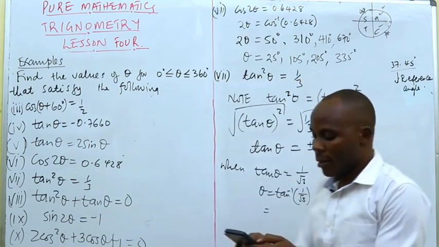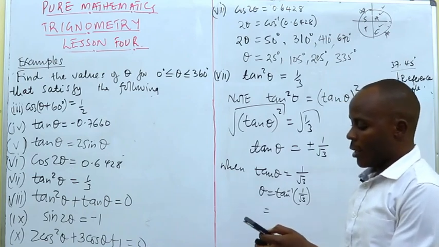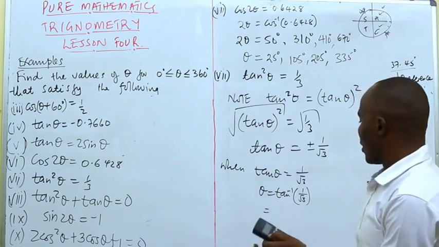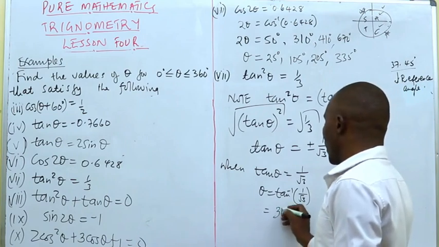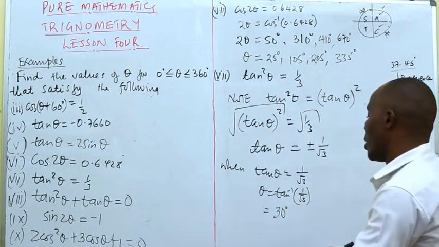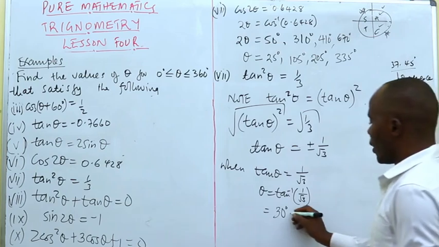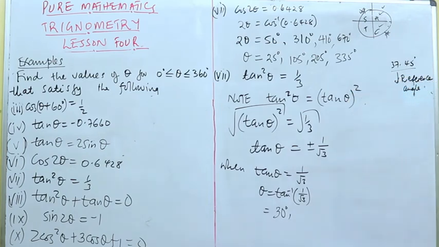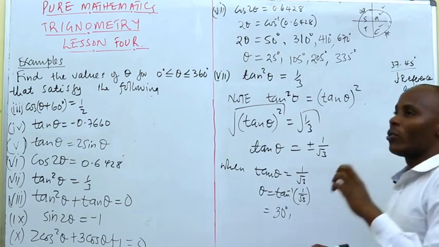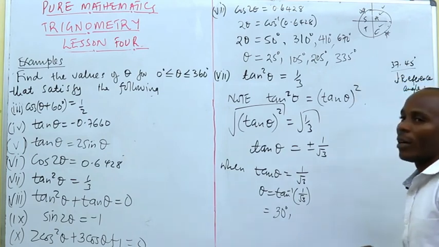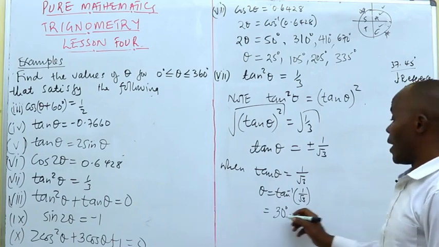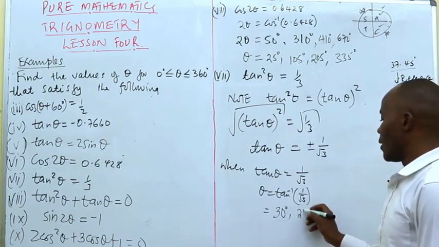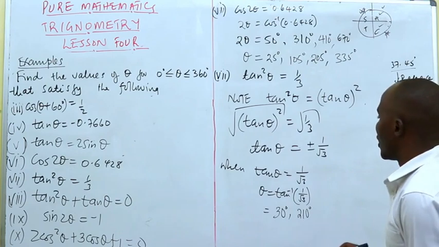Then shift tan of the answer. We have 30 degrees. It is positive. Tan is positive in the first and third. In the third quadrant, the trig equation we can use, we have 180 plus the angle here. So 180 plus 30, you get 210.